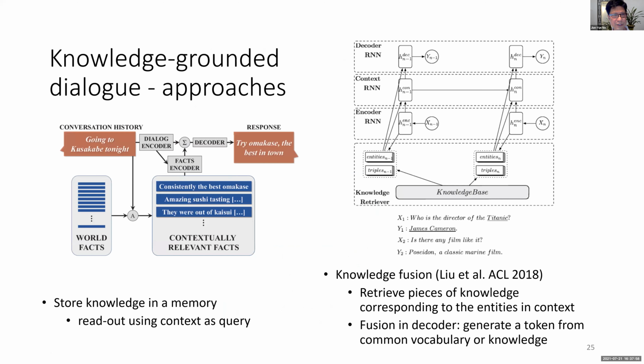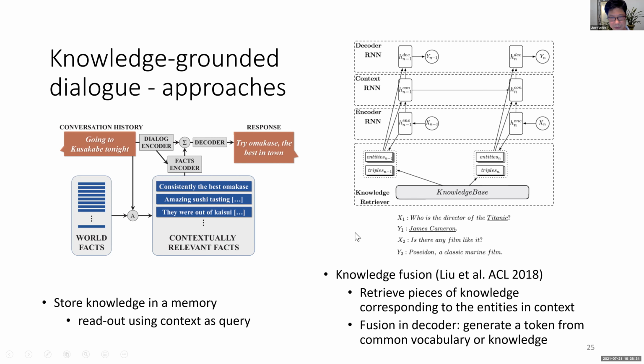I just mention a few existing works trying to generate responses based on knowledge. One is trying to encode the knowledge into a memory network. So you use your context to read the memory, and some knowledge will be fetched out that will be used in combination with your context encoding to build your response.